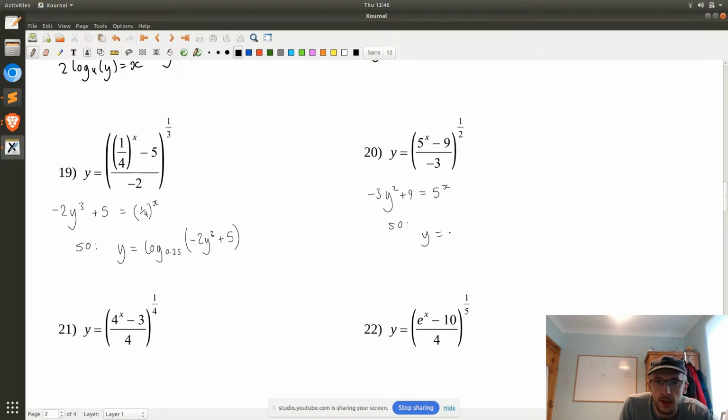So say that y is equal to log base 5. Like that. And check. Okay, that's all good.